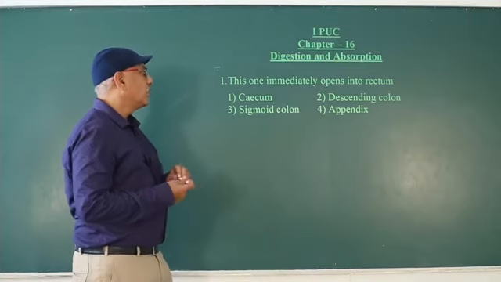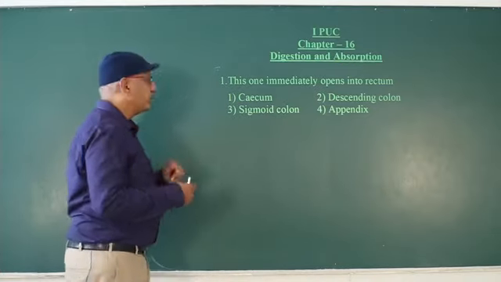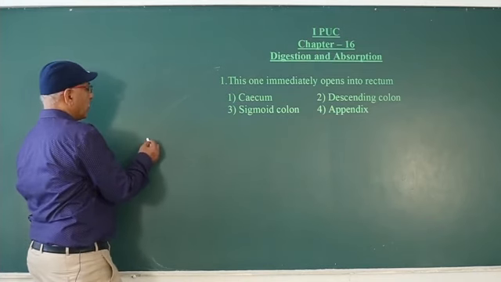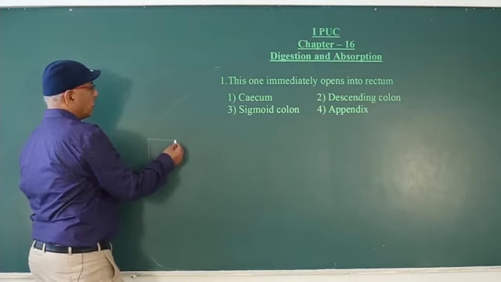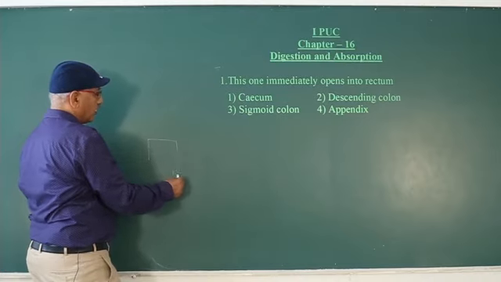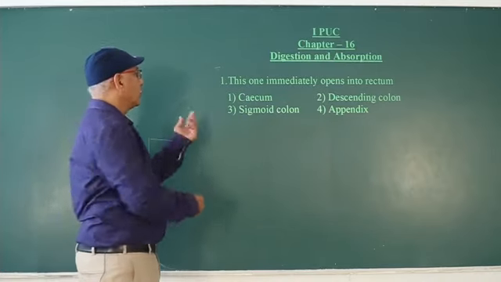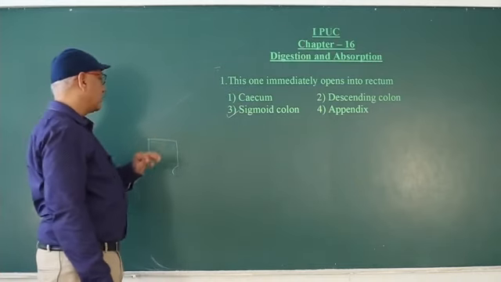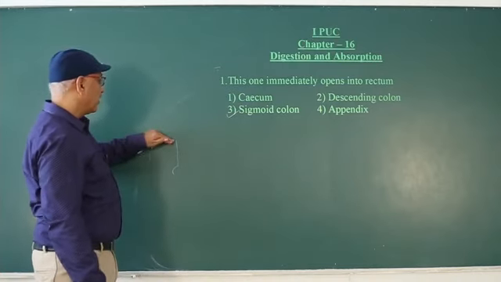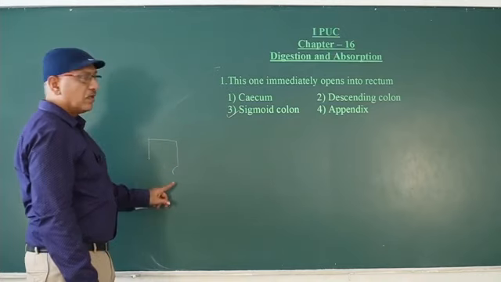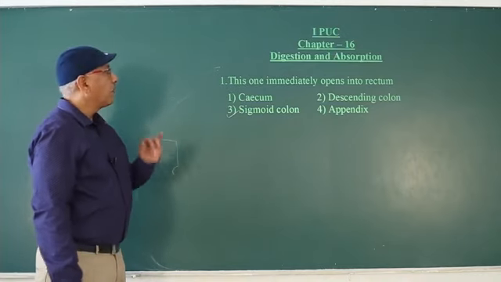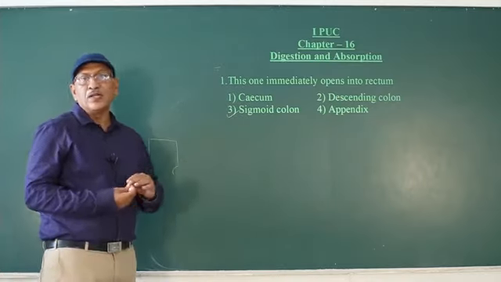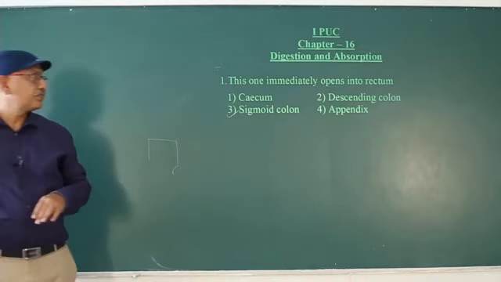That is the colon. The colon has four parts: ascending colon, transverse colon, descending colon, and sigmoid colon. So the answer is sigmoid colon. The sigmoid colon opens into the rectum.